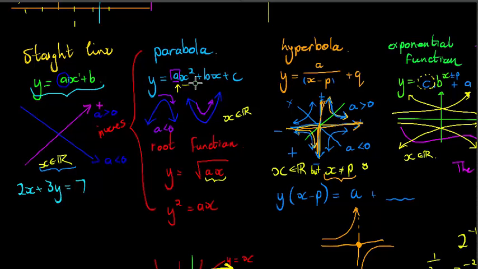Makes sense? Now in a graph, the range is all the outputs that I can possibly get, all the values that I can get. For a straight line, there's no horizontal line that I can draw that won't cut my graph. Does that make sense? So every single y value that I want, I can get.